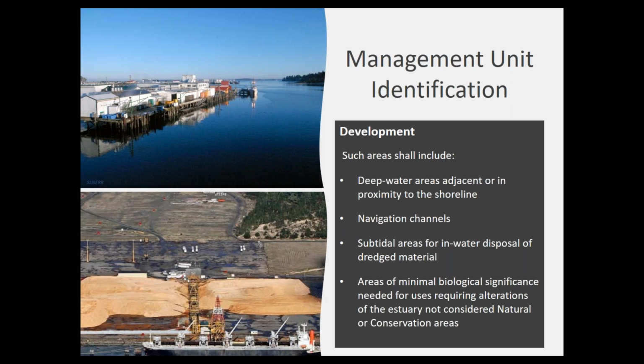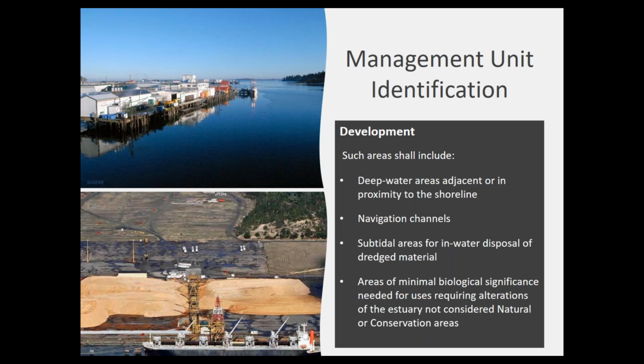So we have a deep water area adjacent or in proximity to the shoreline. We do have a deep draft navigational channel that runs through Coos Bay. Subtidal areas for in-water disposal of dredged material. Areas of minimal biological significance needed for uses requiring alterations of the estuary not considered natural or conservation areas.